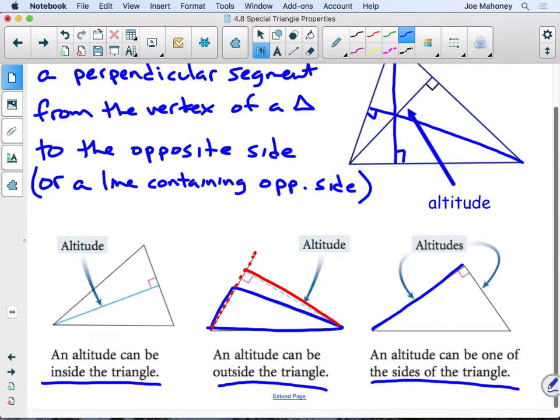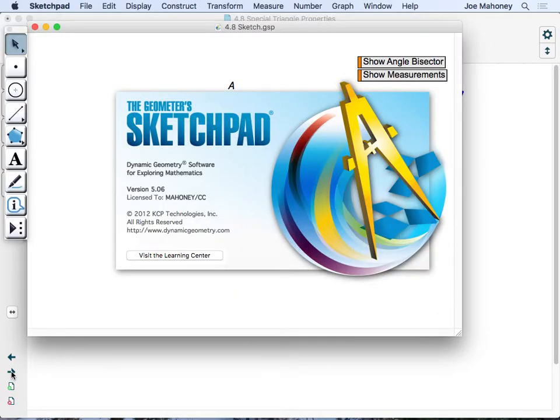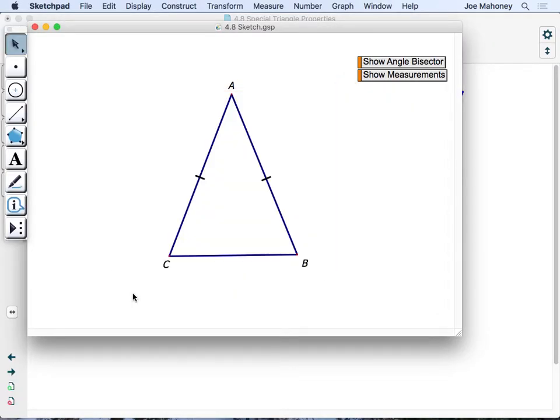Okay, let's keep rocking. Now we know some of these terms. Let's get investigating. Check it out. What you see here is a triangle. It's isosceles because of the two markings. I want to show you the angle bisector. I bisected the vertex angle.